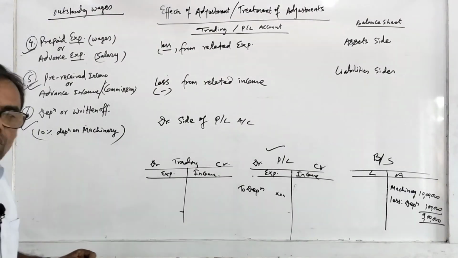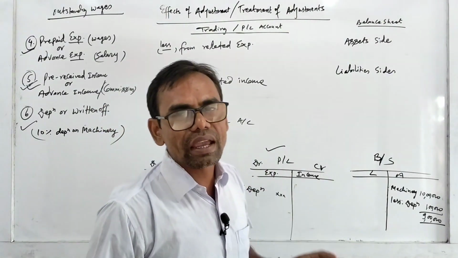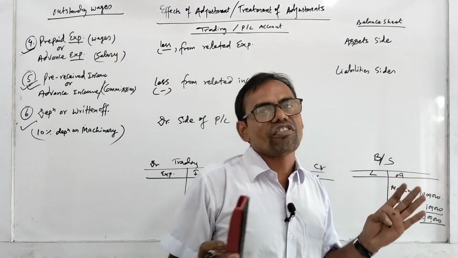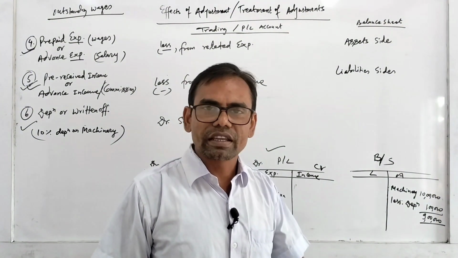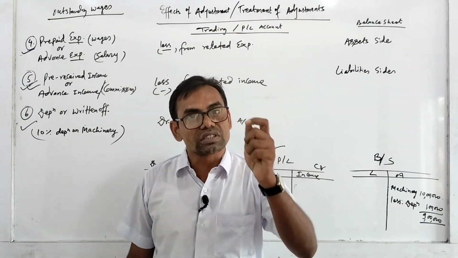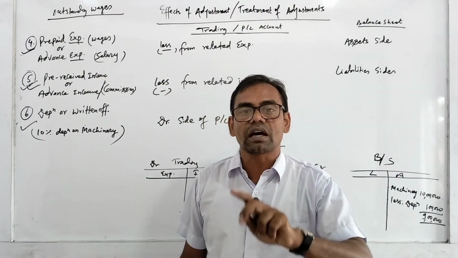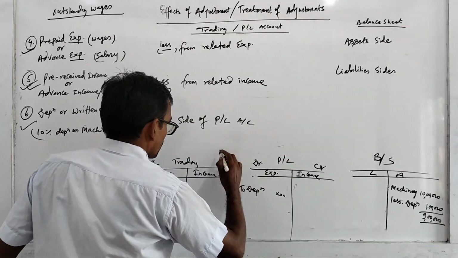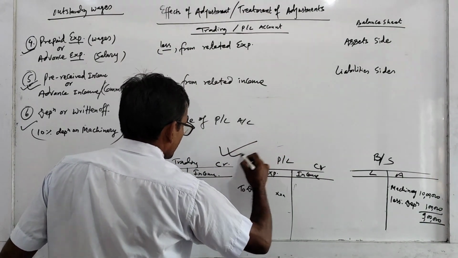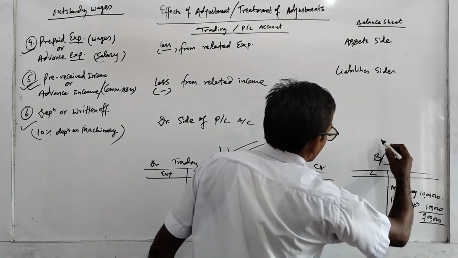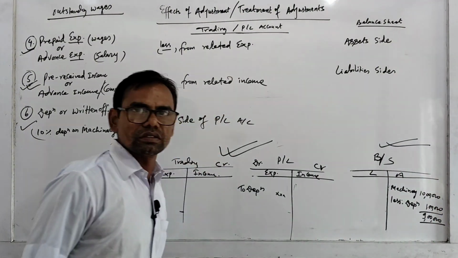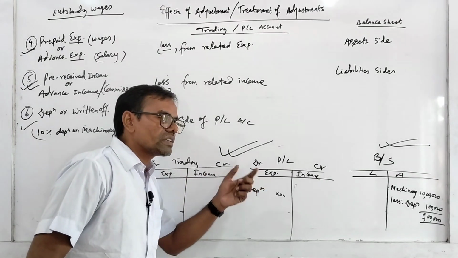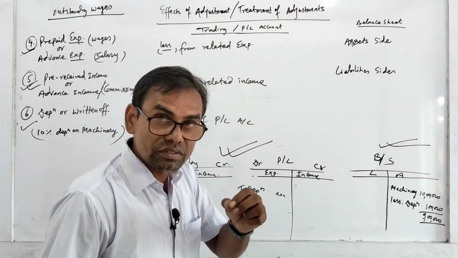In this way we have to make adjustments or treat the adjustments in final account. In conclusion, the adjustments which are given outside the trial balance are recorded in two sides. One side is either trading or PL account, and another balance sheet. In trading and PL account, that depends upon the items.